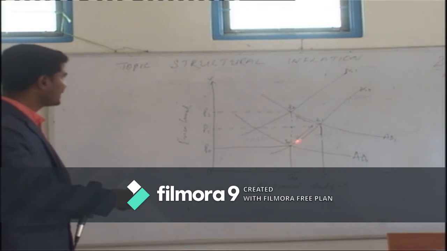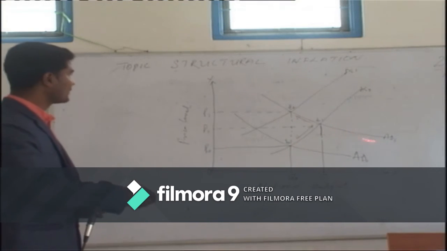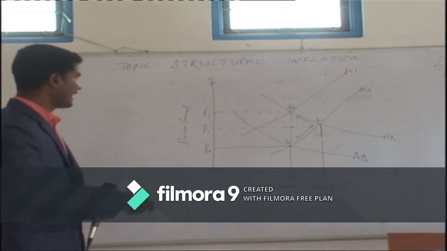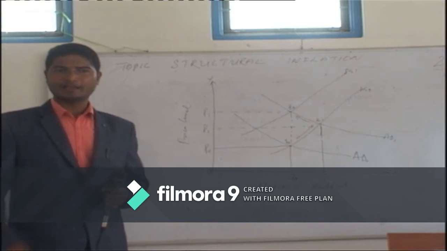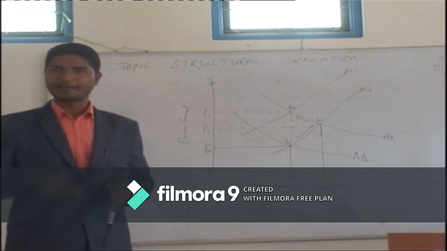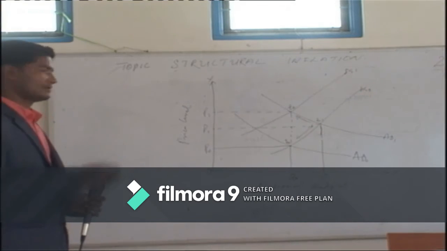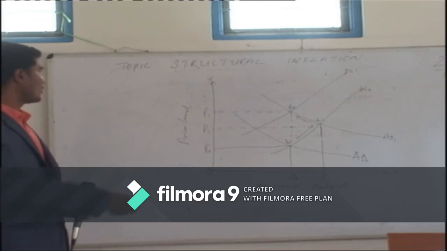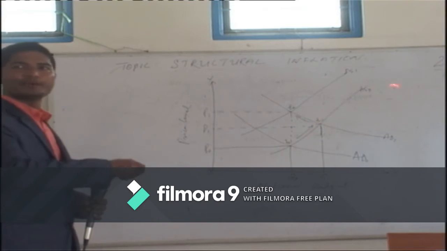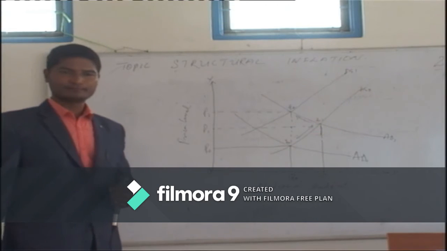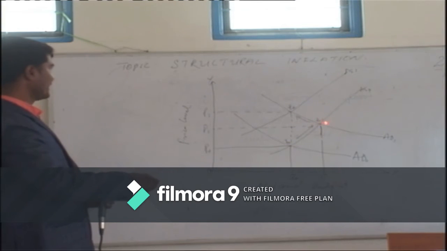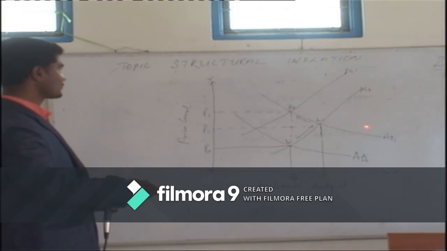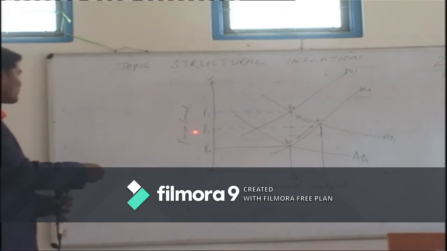Now, aggregate demand being AD1, the level of supply is still remaining AS naught, creating a new equilibrium point E1. This new equilibrium point E1 is giving you a new price level, which is OP1.